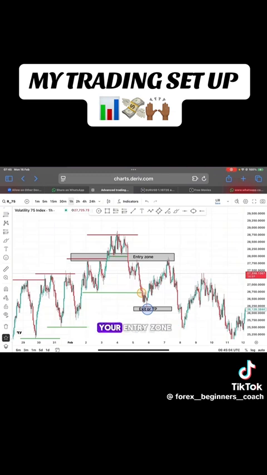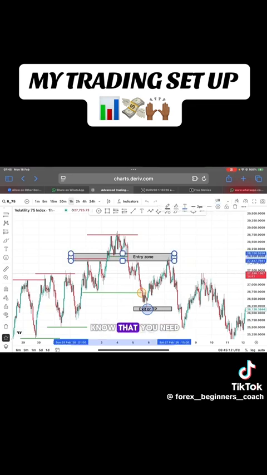Once you've marked out your entry zone, remember, like I said, it is not always going to come close like this, but you need the second higher high and the first higher low. Those are the areas the market will usually retrace back to. So you need to be very, very attentive.